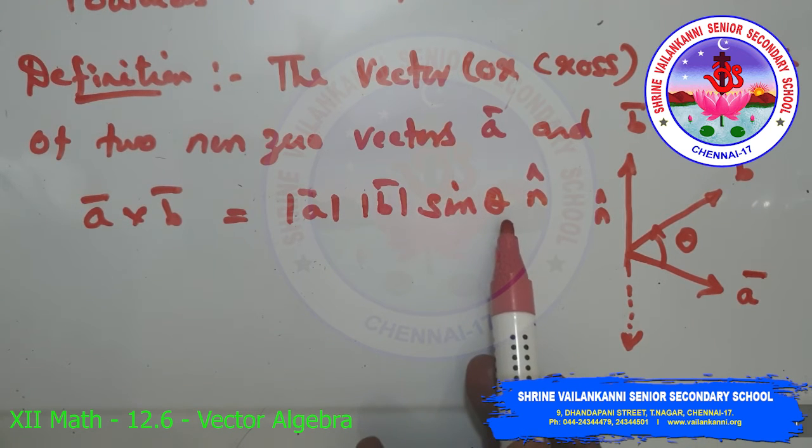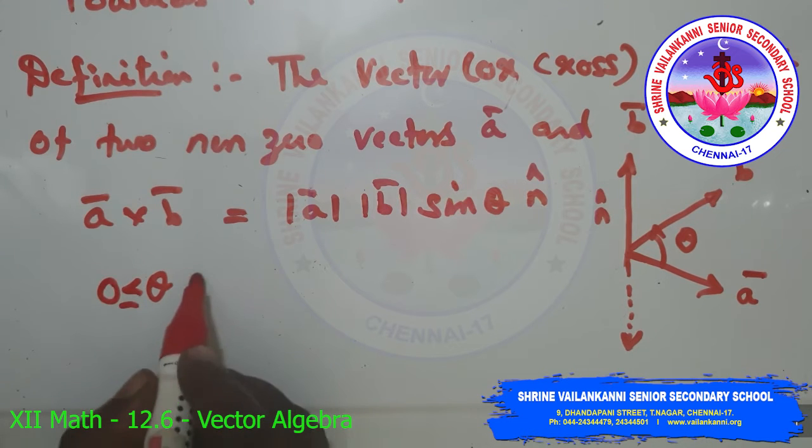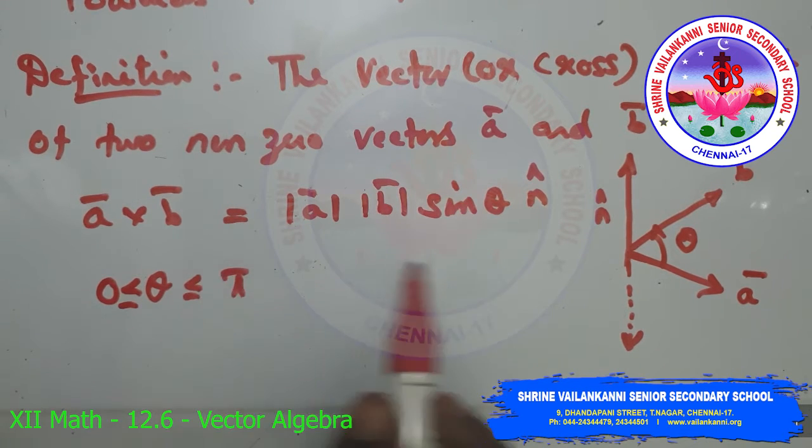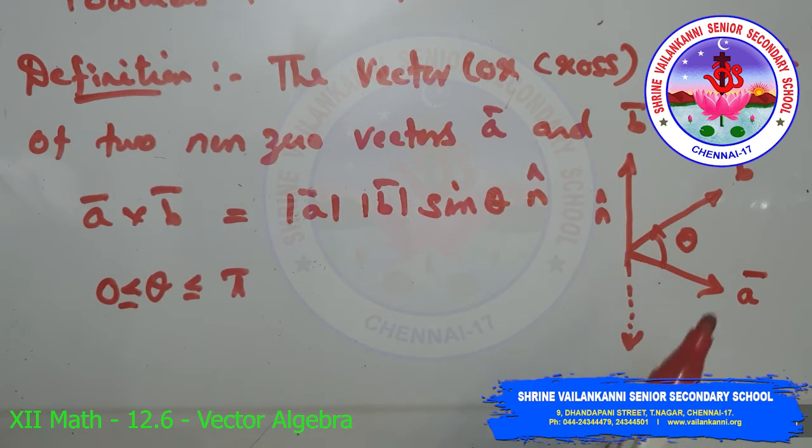Theta is the angle between a and b, which lies between 0 and pi, and n cap is a unit vector which is perpendicular to both a and b, such that a, b and n form a right-handed system. The right-handed system rotated from a to b moves in the direction of n cap.